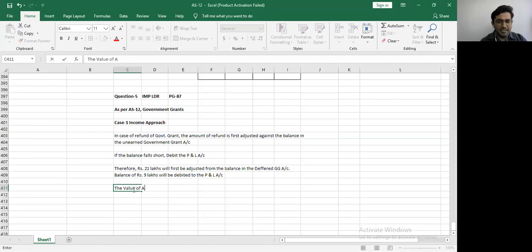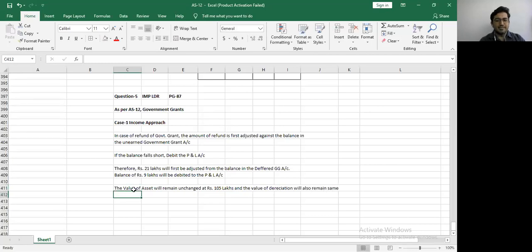The value of asset will remain unchanged at rupees 105 lakhs, and the value of depreciation will also remain same.